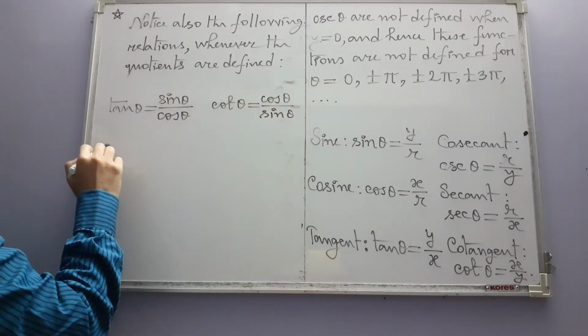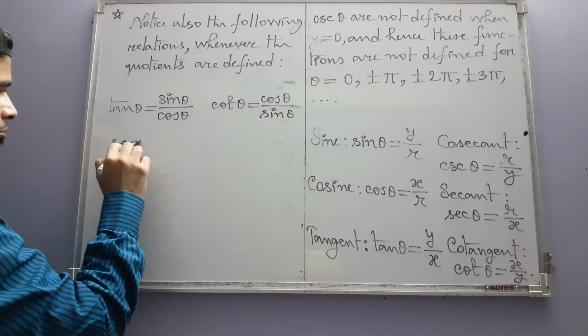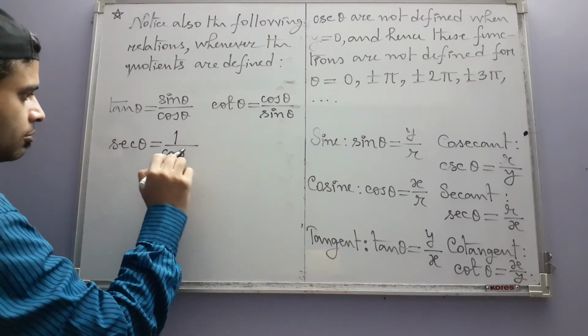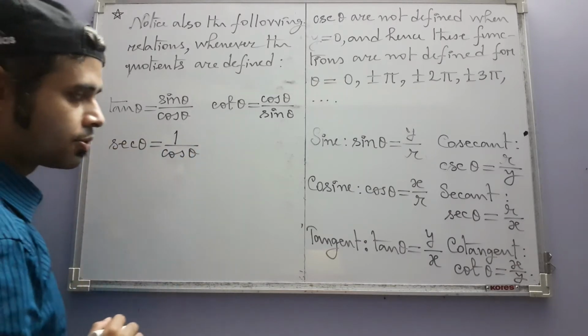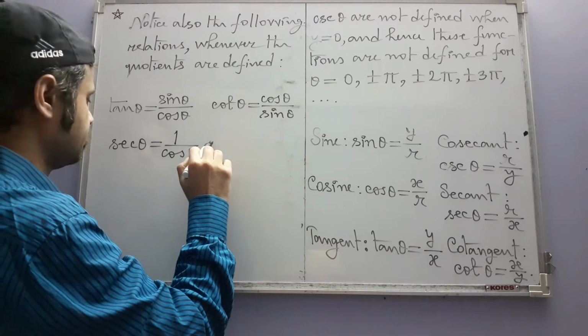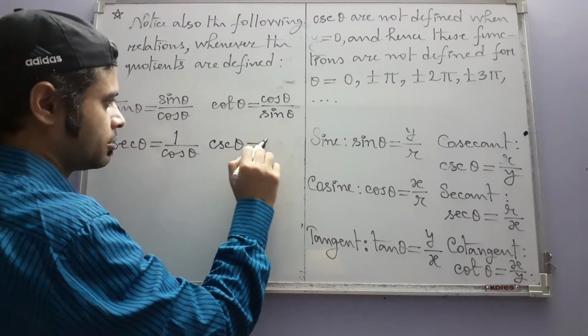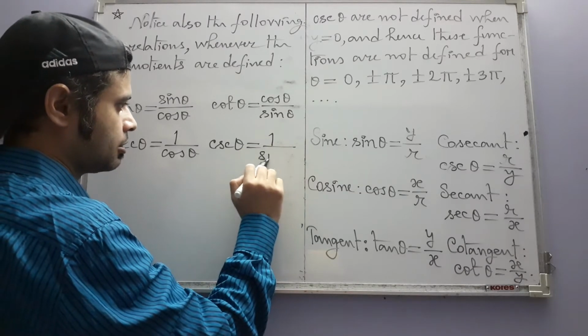Then secant theta is the reciprocal of cos theta and cosecant theta is the reciprocal of sine theta.